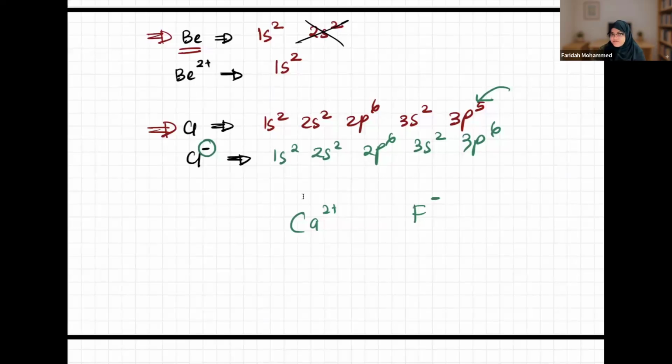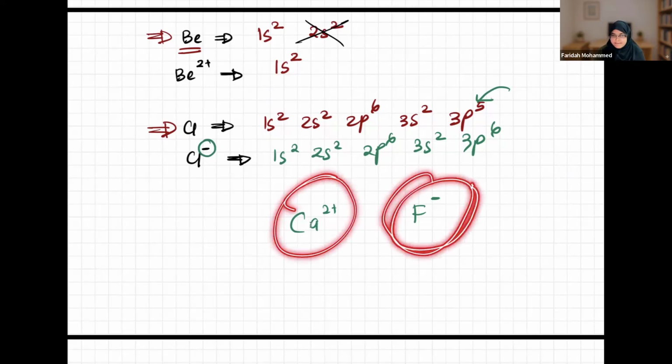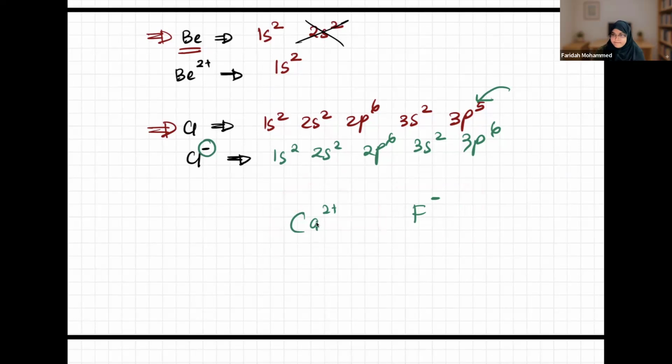Round 1, it's F minus fluoride, not Be. Calcium ion versus fluoride. Now, Pranit, make sure to have your answer on which one is bigger and why.